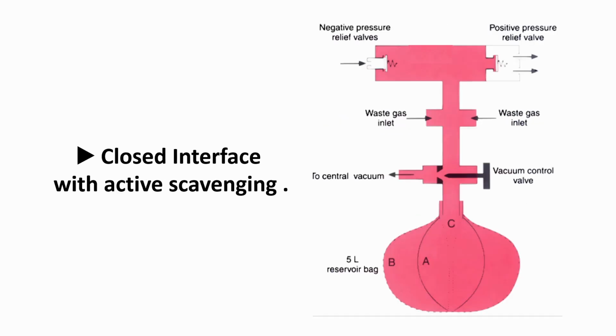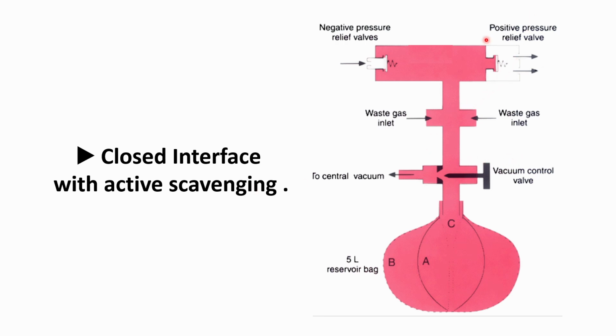If it's a closed interface with an active scavenging system, here is the waste inlet again, and here we have a central vacuum, and here we have a vacuum control valve. It will allow the flow of these gases through the vacuum. What happens if we have a kink here?